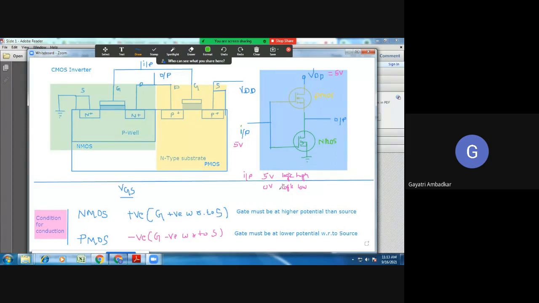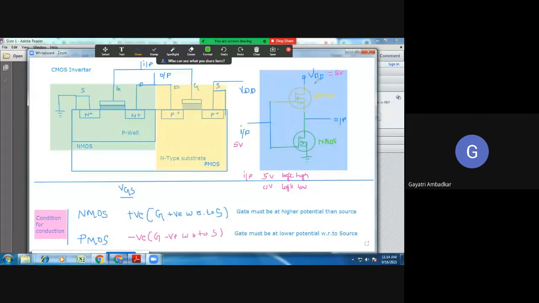Which MOSFET will conduct? Look at the condition. For NMOS, gate must be positive with respect to source, at higher potential as compared to source. Is it true in this case? Yes, this condition is true, so NMOS will start conducting.